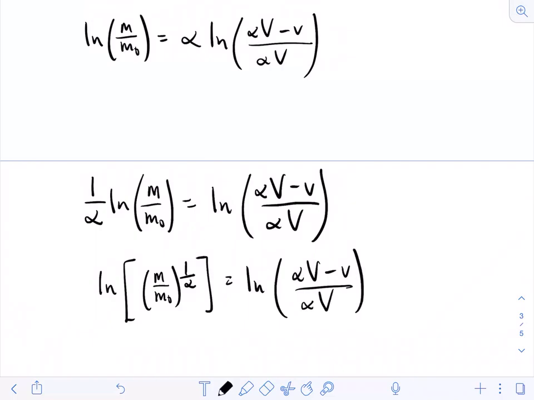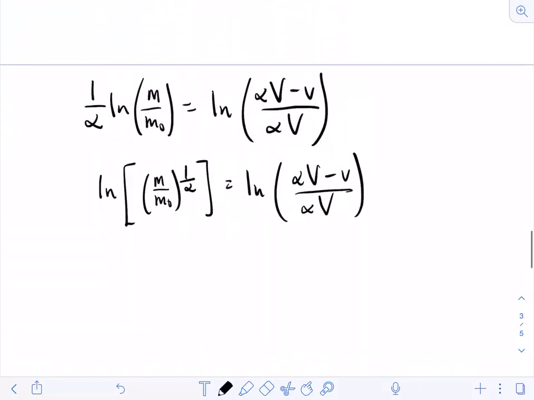This is convenient because now we have the ln of something equals the ln of something else, so that something must be equal to something else. It must be the case, therefore, that (m over m0) to the power 1 over alpha is equal to (alpha V minus v) over alpha V.